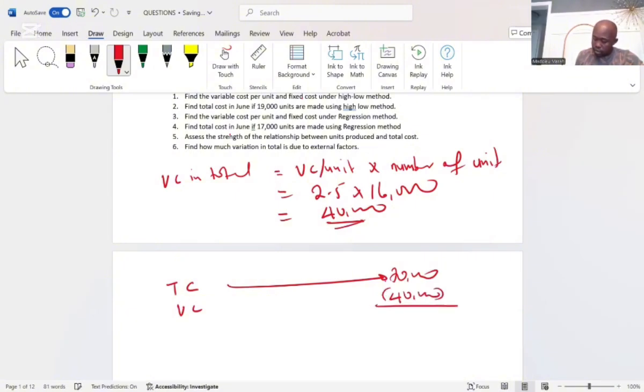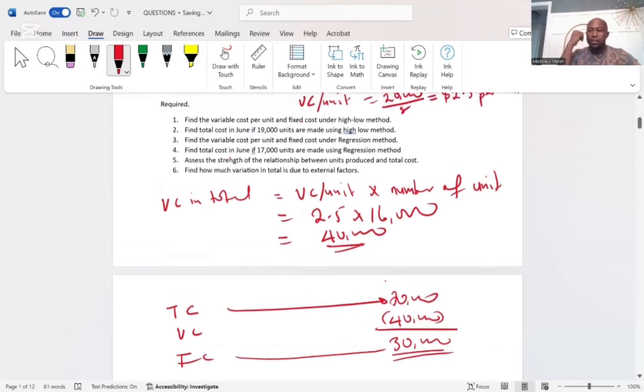Therefore, my fixed cost is equal to 30,000. If you use the high activity, you're supposed to arrive at the same 30,000. You can try that and let me see your answer. Okay, so requirement 1 is done.